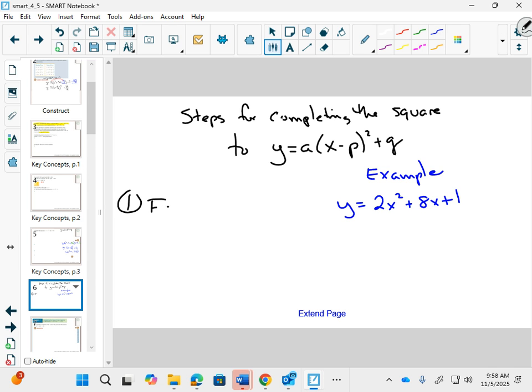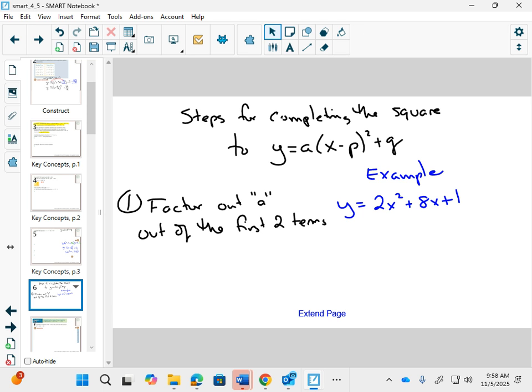Step 1, you're going to factor out the a value of the first two terms. So what does that look like? I take the 2 out of the 2x squared. I take the 2 out of the 8x. I leave space, keep the x beside.